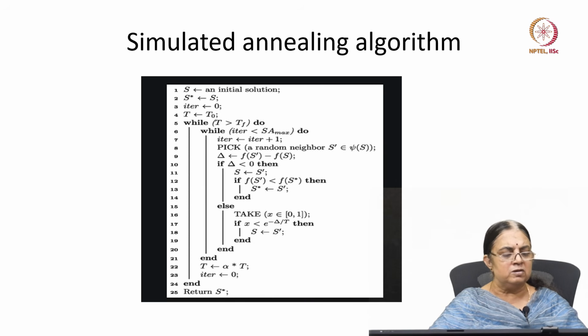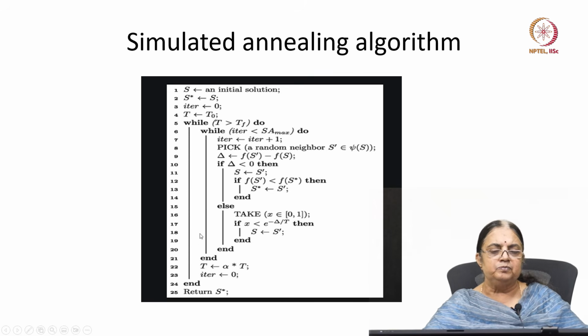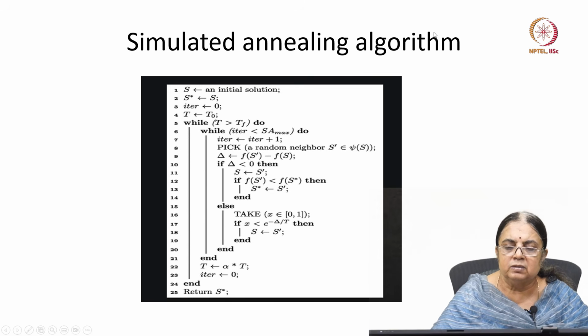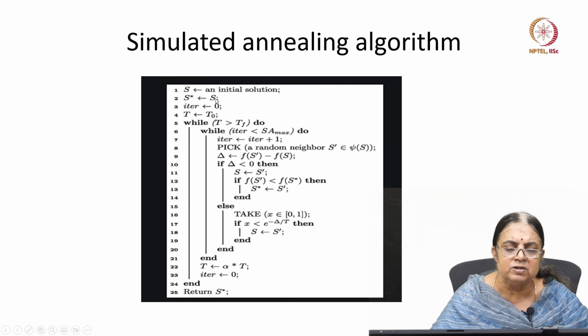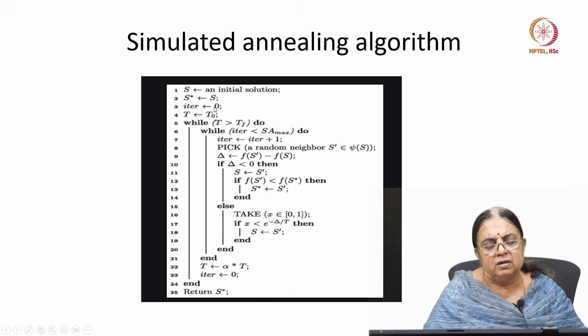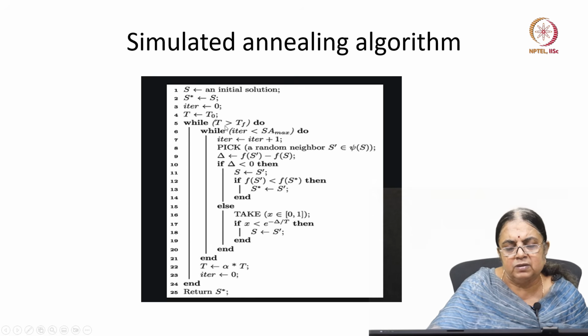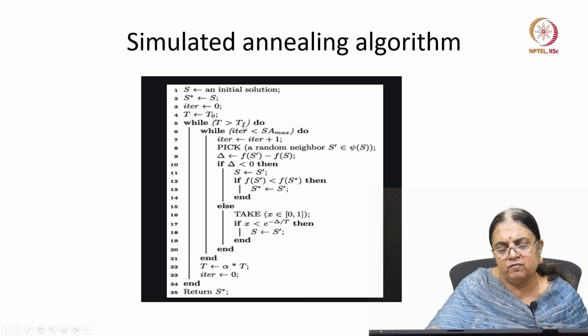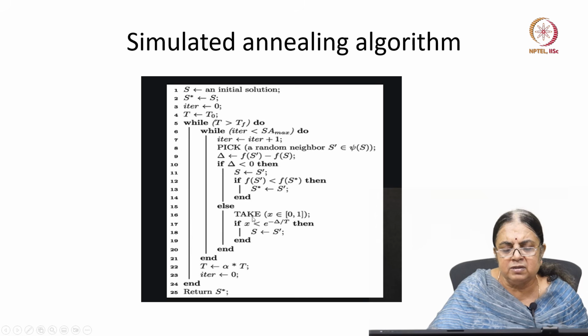So here is the algorithm. S is your initial solution, S star is your best solution so far. The number of iterations is 0, and T is equal to T naught, the temperature you are starting at. While T is greater than your final temperature, which is some small value, inside this loop you pick a neighbor and find the difference between them.